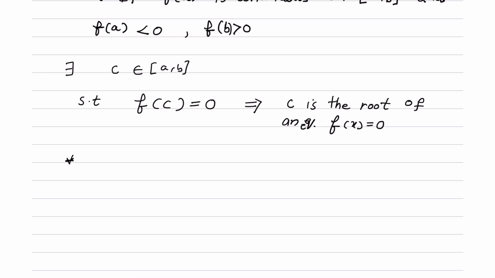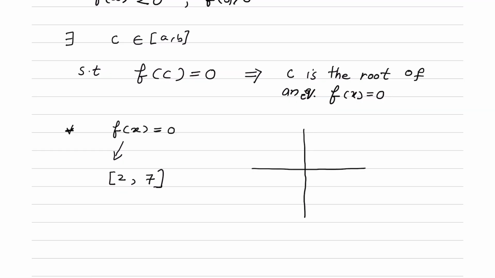Let's say you have to find the root of an equation f of x equal to 0. So let's look at this function f of x. F of x is continuous on this interval 2 to 7 such that at 2 the value of the function could be, let's say, 5, which is positive, and on another end of the interval, let's say f of 7, maybe the answer is -1, which is negative.